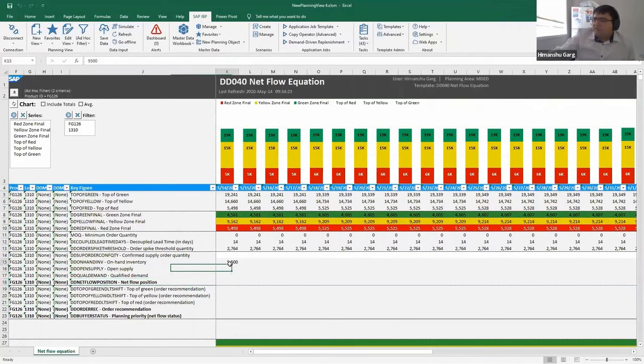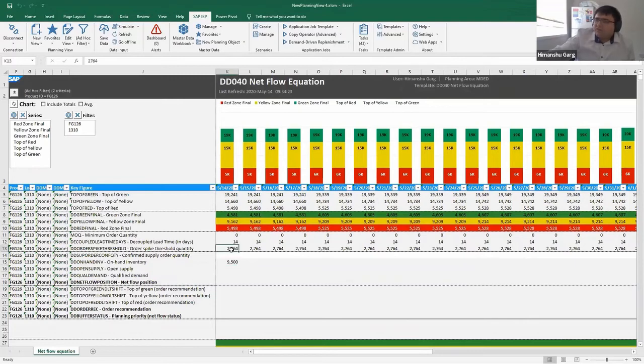Okay, so here we can see on-hand inventory, which is available to supply any demands that we may have. We do not have any confirmed supply. So for the time being, I'm going to simulate that we are getting some confirmed supply from the connected S4HANA system in IBP itself.